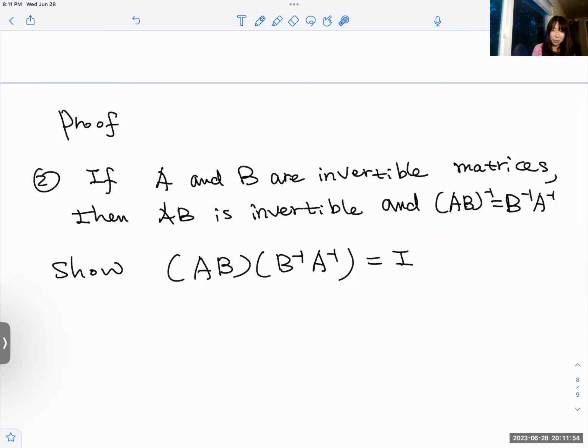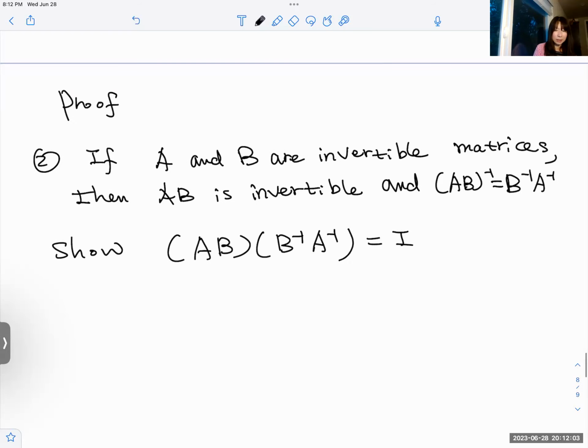So think about this, we have a C and C inverse equal to identity. Okay, so let us do this.